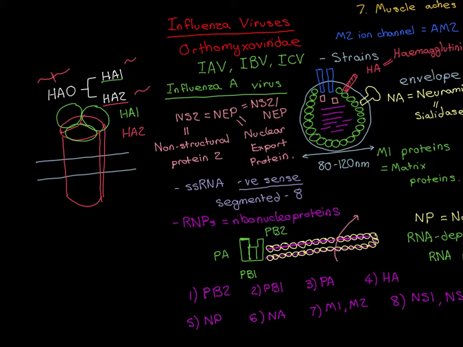Now, I said that hemagglutinin's role in the viral replication cycle was going to be in the initial entry mechanism. It binds to molecules on the surface of host cells, and we'll talk about what molecule they bind to much later on when we come on to the viral replication cycle. But for now, let me say that it's going to be the hemagglutinin 1 polypeptides that actually have the binding site. So I'll just put this here in yellow.